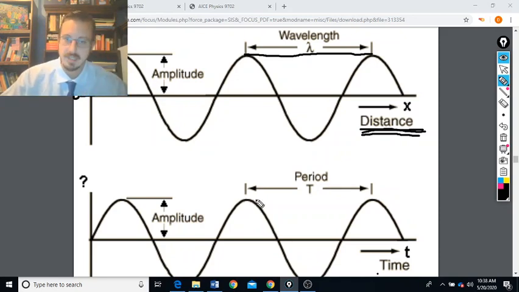So how much time it takes the wave to oscillate. So just be mindful of what we are looking at on the x-axis, and then here we'd still be looking at the displacement. The bottom graph is more a function: how is the displacement of the particles changing as a function of time?